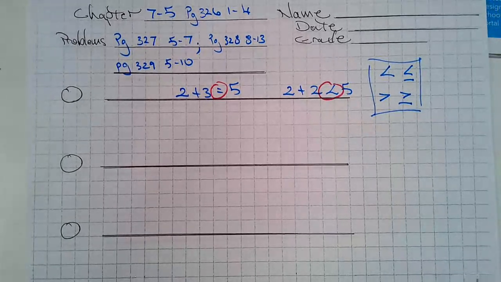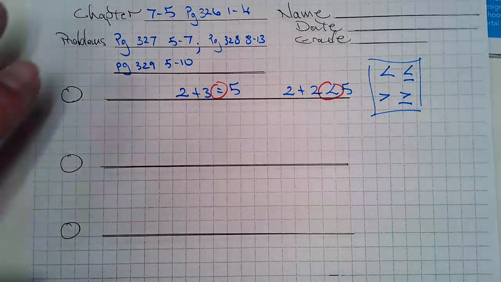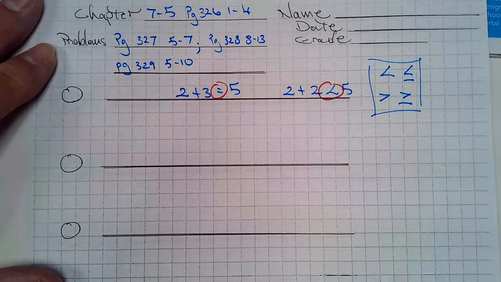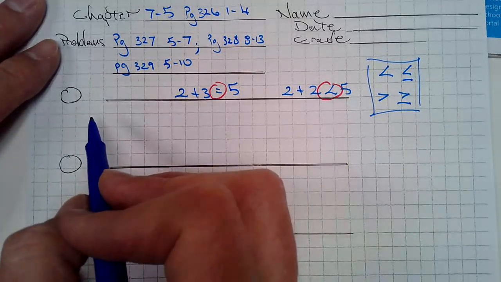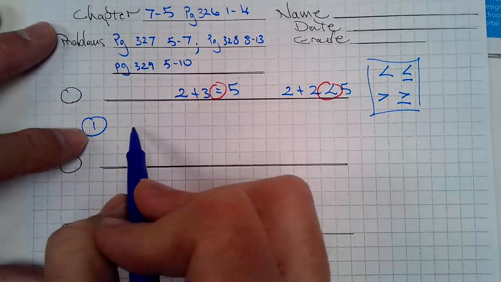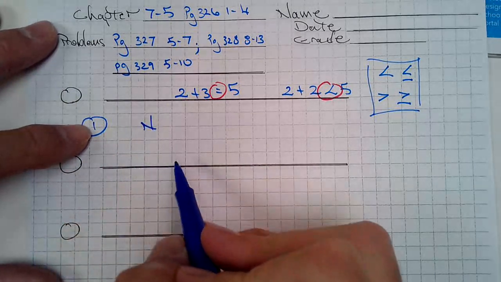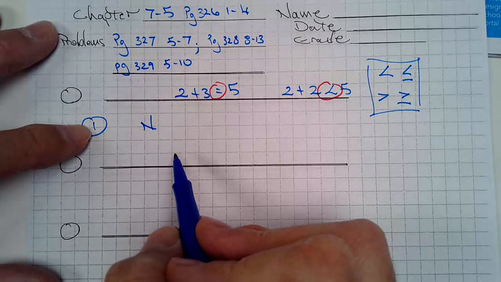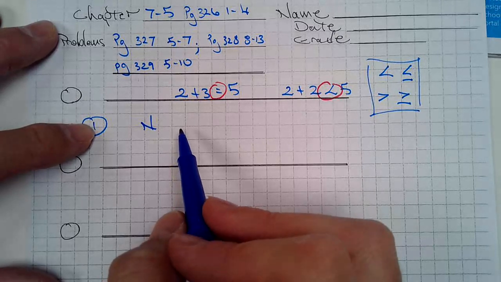So the question says, write the word sentence as an inequality. It says a number n is greater than 1. This is number 1 on 326. It says a number n, so I know the variable is going to be n, and it says is greater than 1.